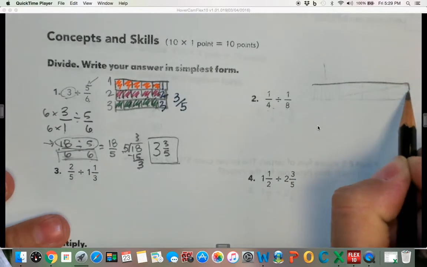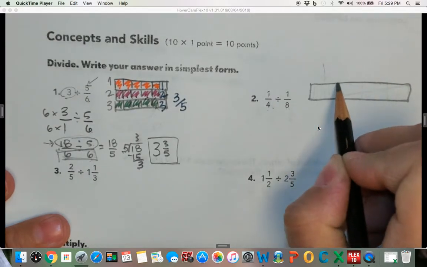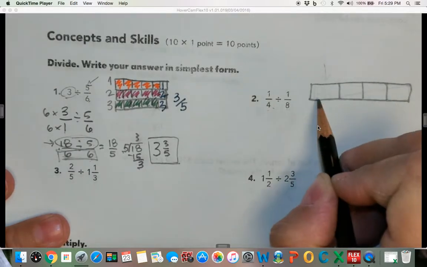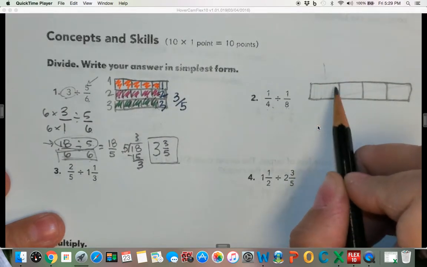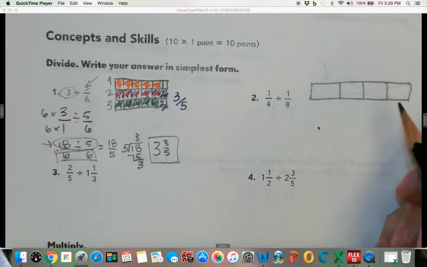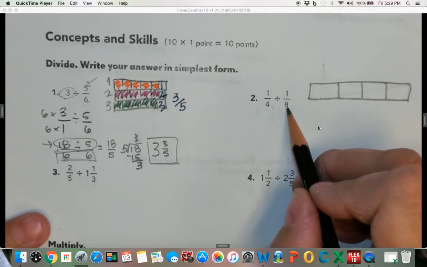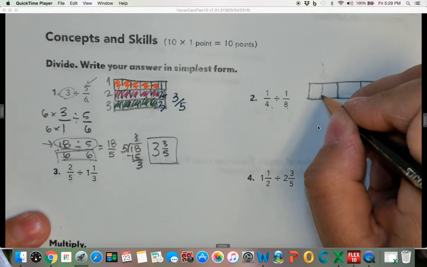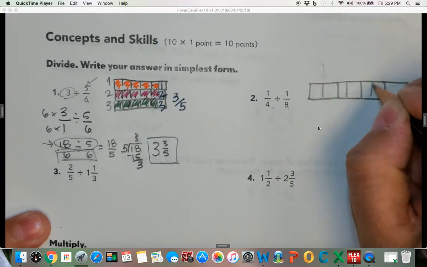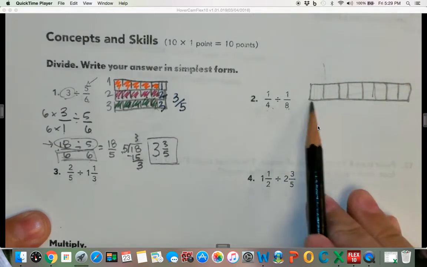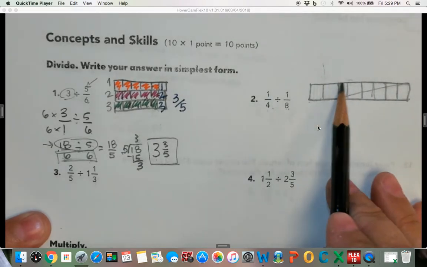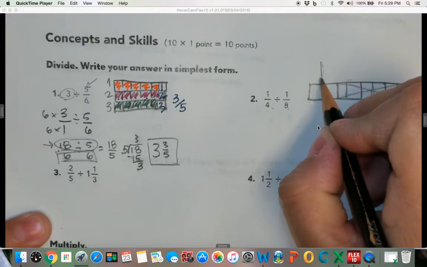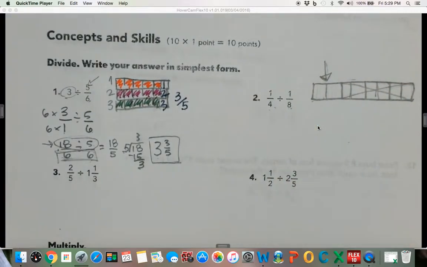I've got to think here. I'm only concentrating on the one piece. This piece is 1/4. Okay, here's where I went wrong. They want me to make pieces of 8. So I divide each of these into 2. So now I have a total of 8 pieces, even though I'm not using these 3. I'm concentrating only on this 1/4.